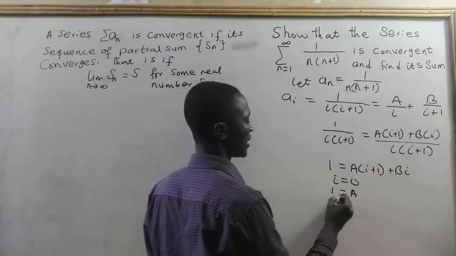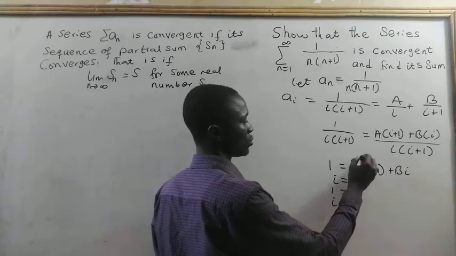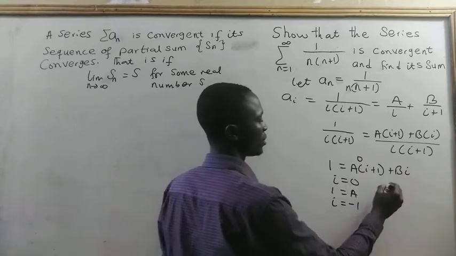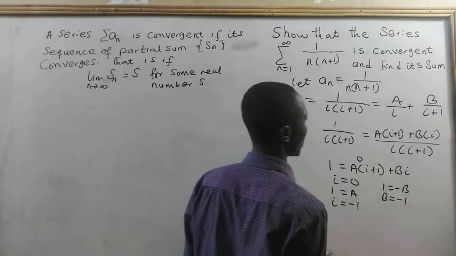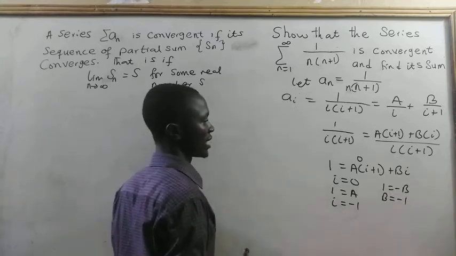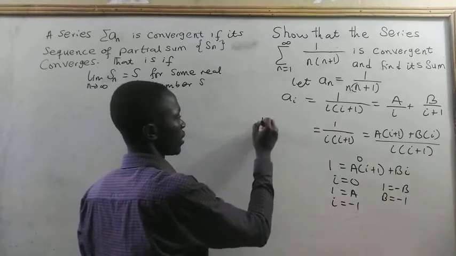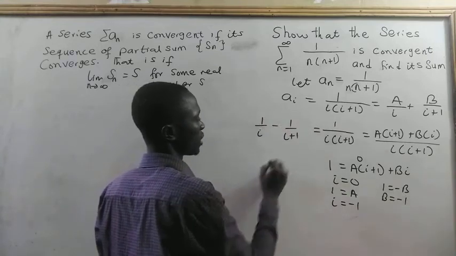Now, if i equals negative 1, negative 1 plus 1 will be 0, so the A term will be 0. B times negative 1 will be negative B. So you have 1 equal to negative B, and B will equal negative 1. So this implies that we have this to be equal to 1 on i minus 1 on i plus 1.